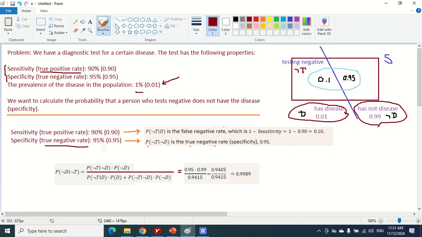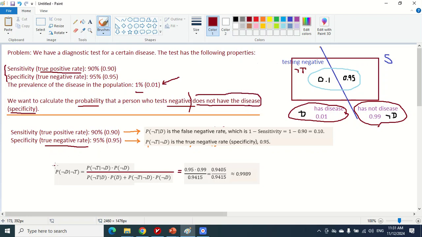So in the first part, the question asks you to find the specificity of that test. What does it mean? We want to calculate the probability for a person who tests negative. We know that the person has taken the test and got a negative result, and I want to know how accurate that test is, meaning that if the test is negative, what is the probability that the person does not have the disease.